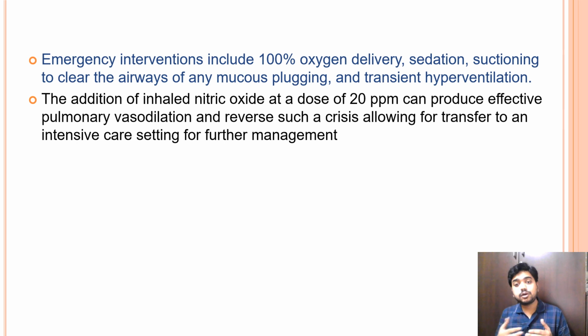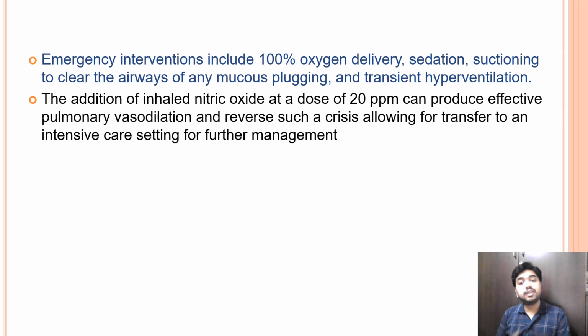The more you give, the pulmonary pressure which is under tight spasm relaxes usually. Whereas in the systemic circulation it is a vasoconstrictor, but in the pulmonary it is a vasodilator.